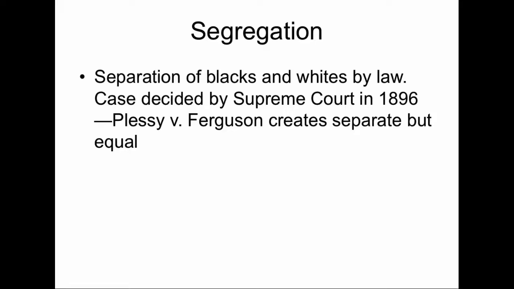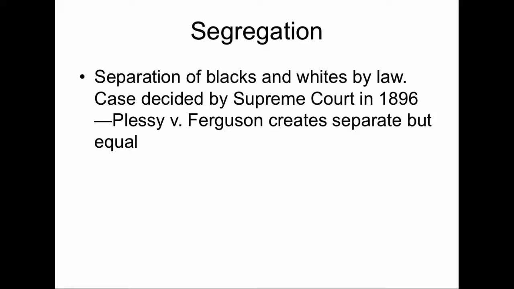What the Supreme Court is going to say is that it is legal. Well, this is 1896. It is legal to separate blacks and whites as long as you provide equal accommodations. So the 1896 Plessy versus Ferguson creates something called separate but equal. And it basically says that it is legal to separate blacks and whites as long as you provide equal accommodations.